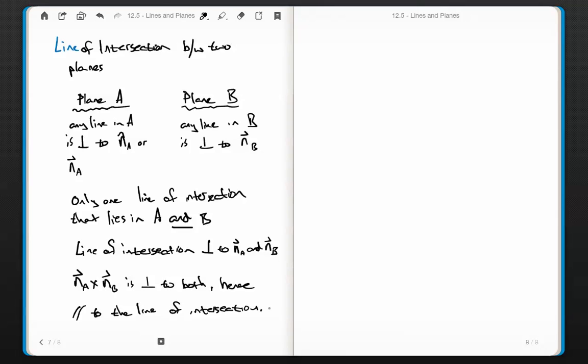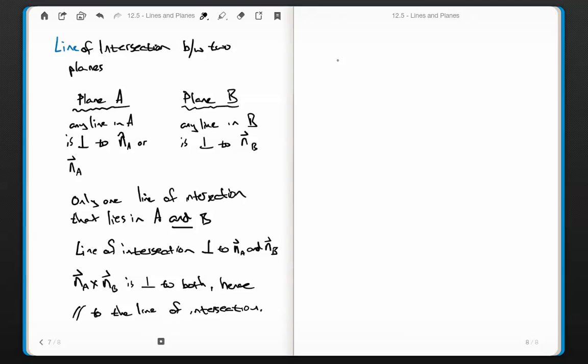So are we done? No, we're not quite done yet. We now have a vector, NA cross NB, which is some third vector that is perpendicular to both of these. Therefore, it must be parallel to the line of intersection, but is not necessarily the line of intersection.